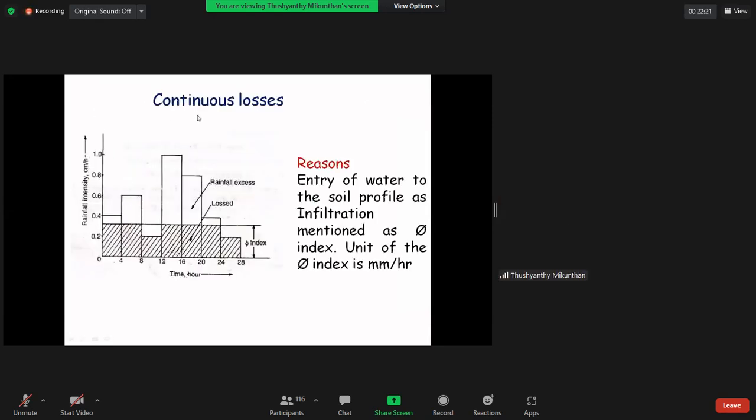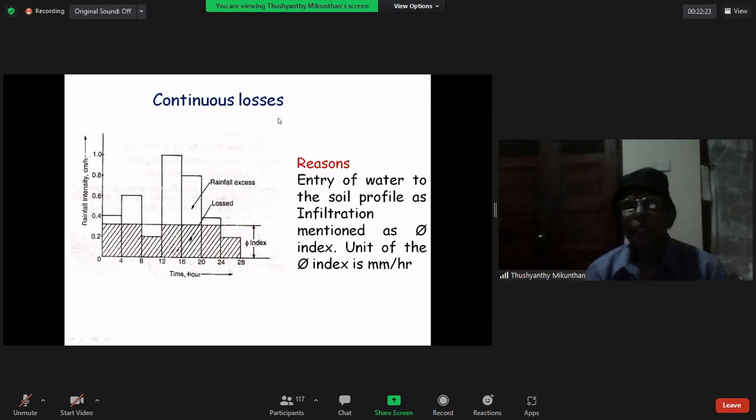We'll move to the next one, continuous loss. Here is the rainfall chart. This is rainfall intensity in centimeter per hour, with 4 hour, 8 hour, 12 hour, likewise till 28 hours. How do we calculate continuous loss?